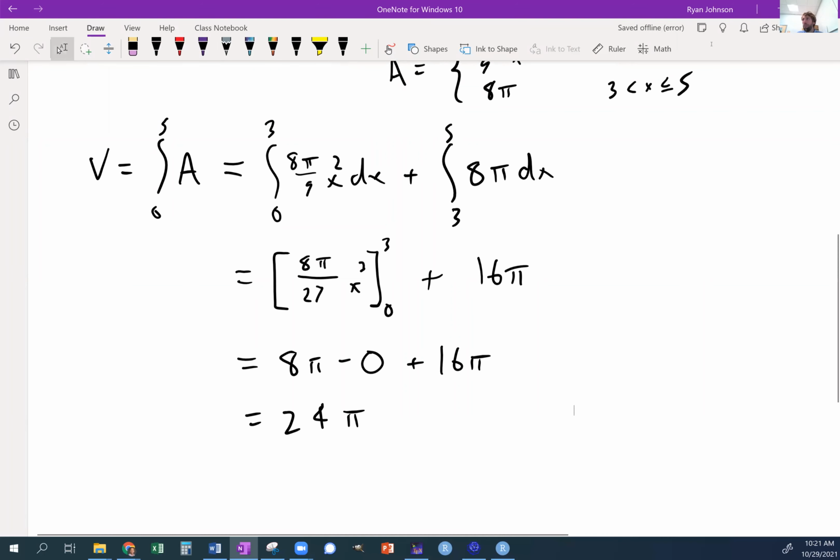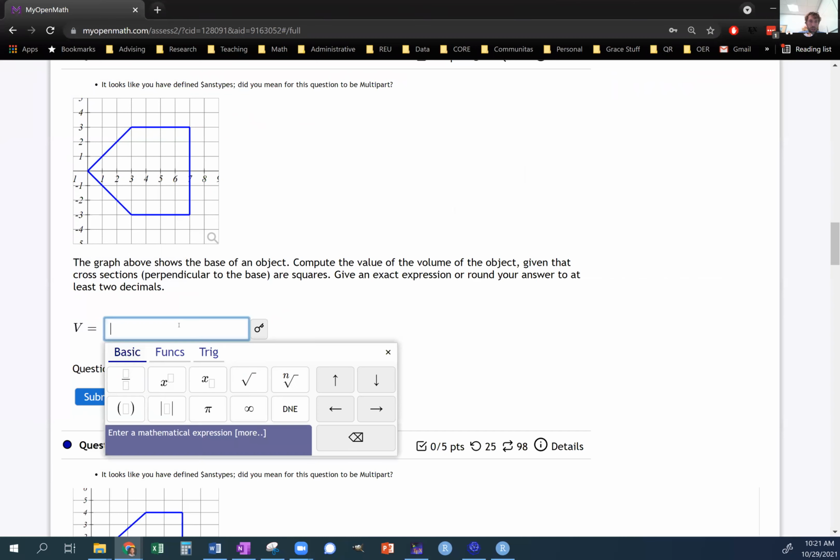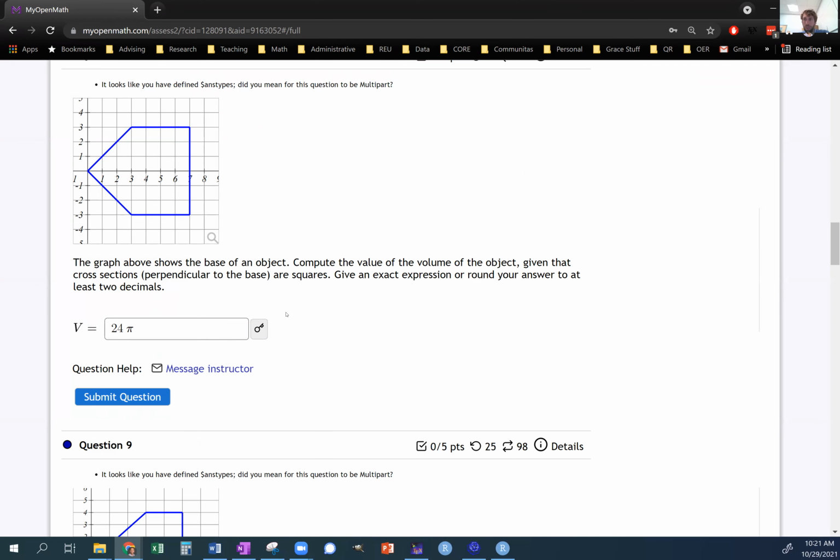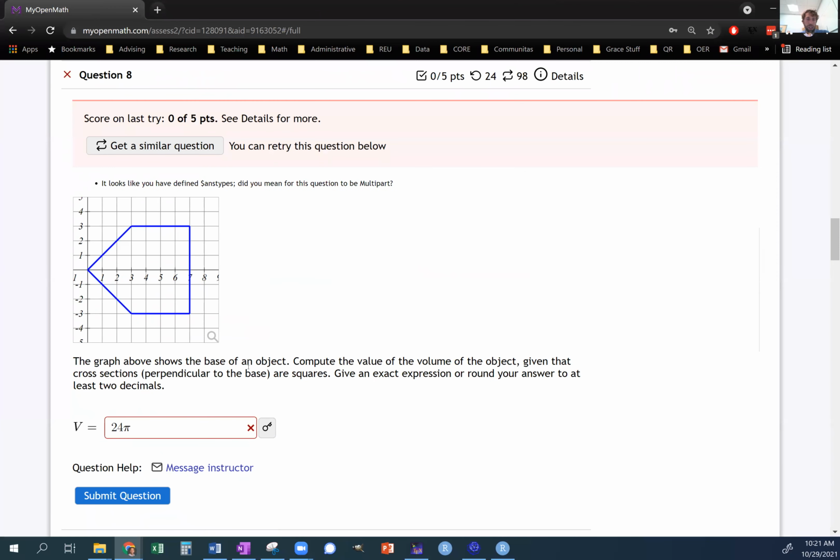All right, let's see if that works. So bring this over here. 24 pi. So notice that if you spell just pi, it knows you mean to put pi there. Oh dear.